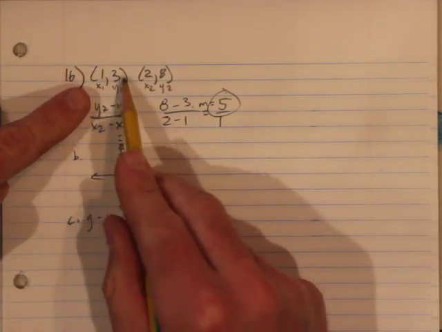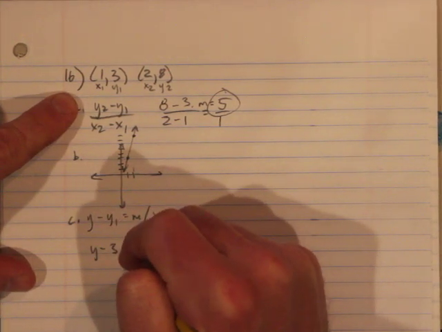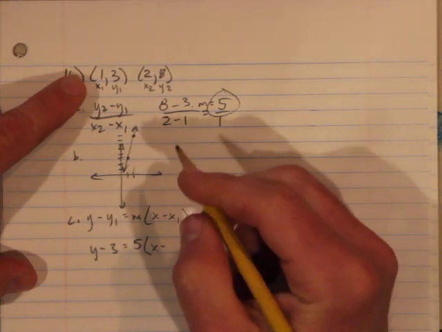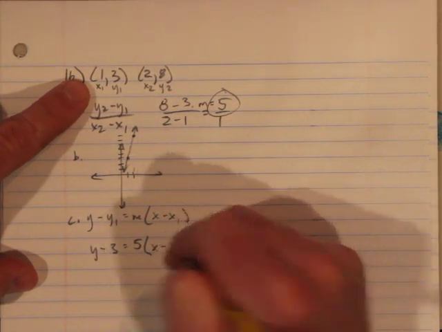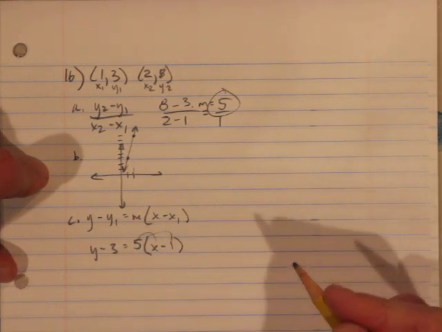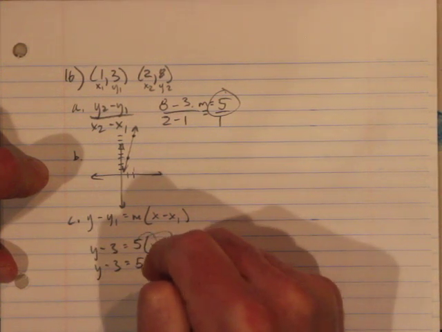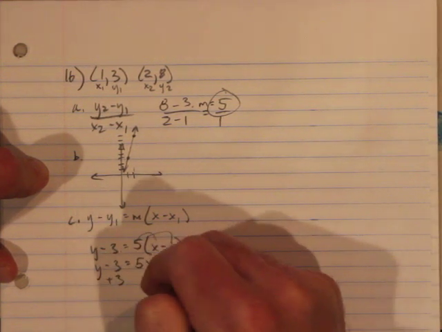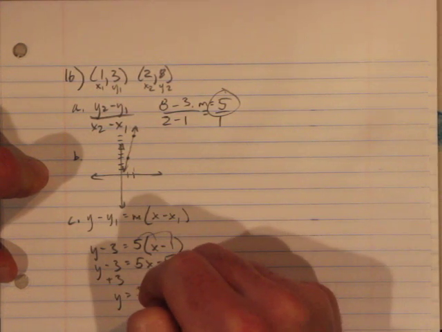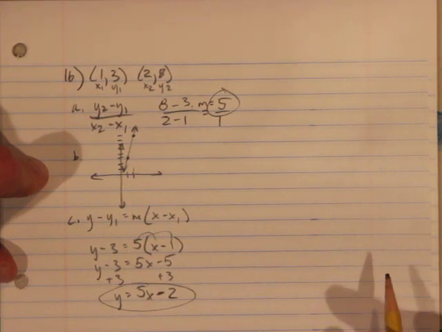Alright, and let's just use this point here. y minus 3 equals my slope, which is 5, times x minus 1. Distribute this 5. y minus 3 equals 5x minus 5. I'm going to add 3 to both sides. y equals 5x minus 2. So there's the equation that they've asked for.